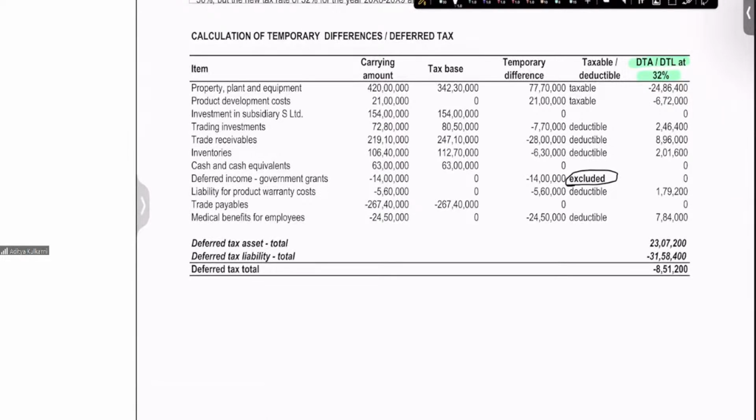I had given you this extra question. You have already computed the deferred tax impact. We are getting a net liability of 8,51,200. What I want you to do is prepare a tax reconciliation of this question.